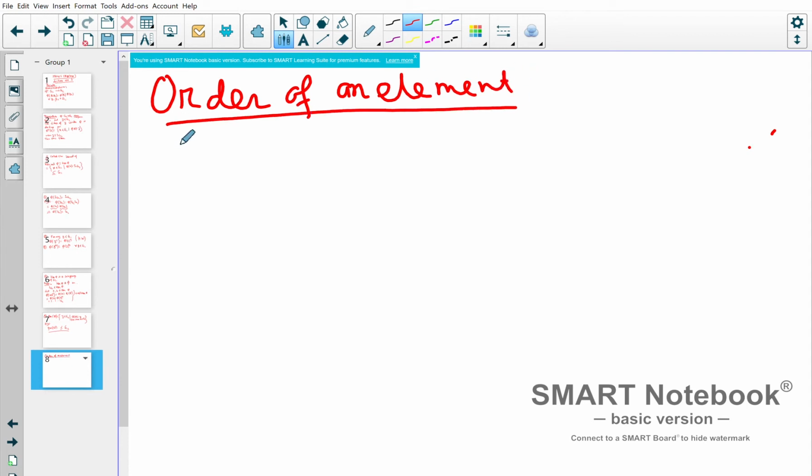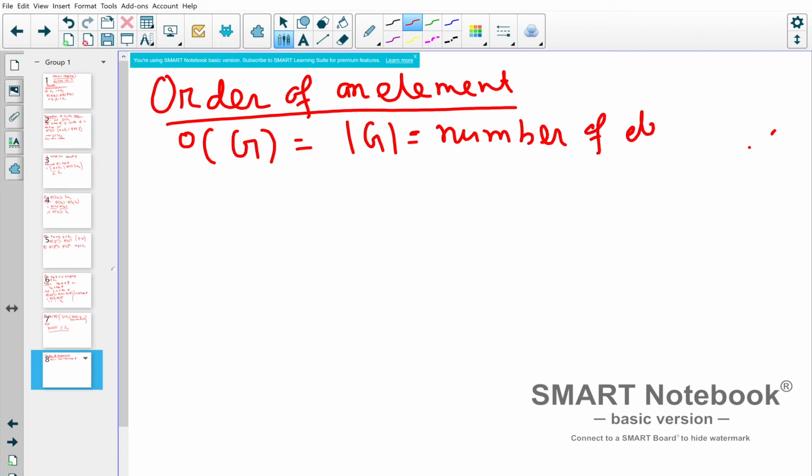For a group, we define the order by this symbol, and this is nothing but the cardinality of the group G, the number of elements in G. But how do we define the order of an element? So let me define it.